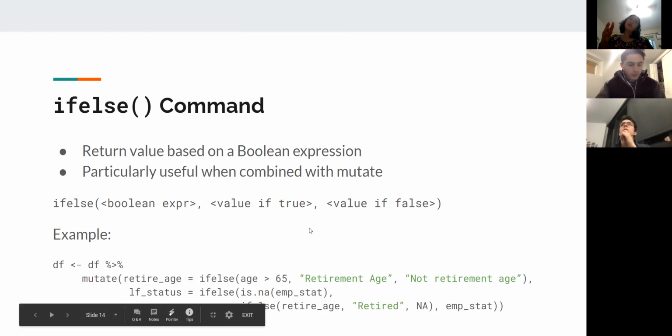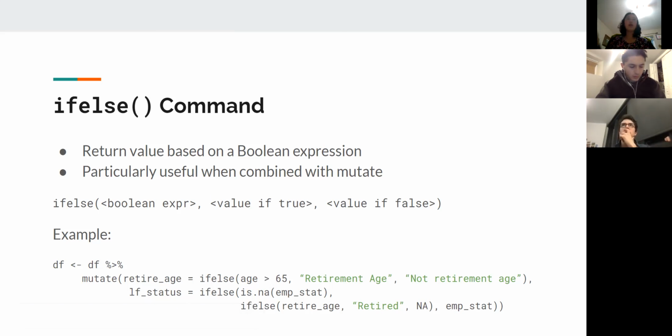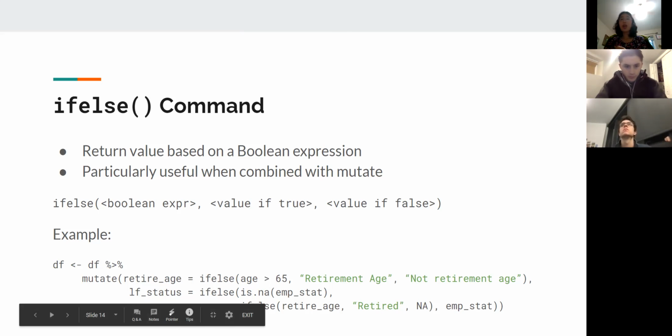You can skip the step of coming up with a Boolean column and then basing another column off that column. It's not entirely necessary, of course, but it's a nice shortcut to have. And of course, you can nest it, as it's done in the second example. That is actually problematic because that's not a Boolean.